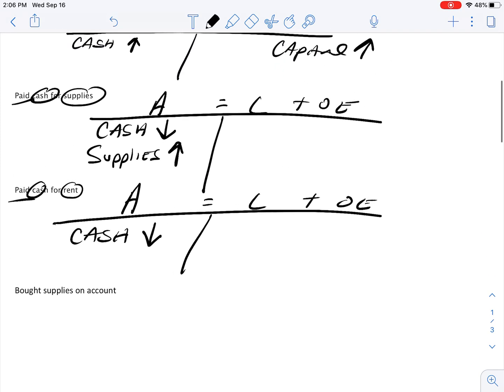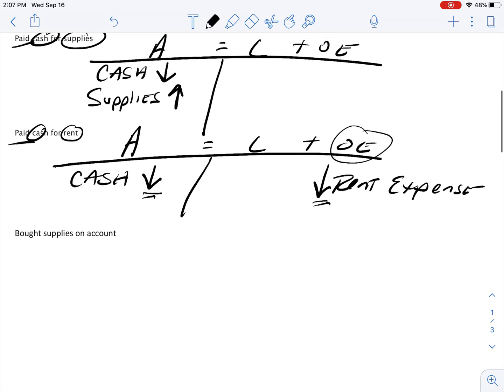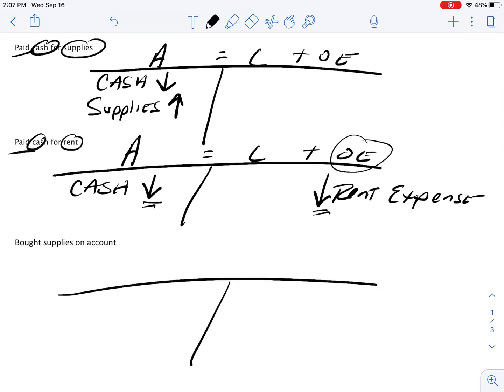I need rent in order to operate my business, so I'm going to label this as rent expense. And what did it do to the worth of the business? It makes us worth less because we have money going out of the business. Again, left side decrease, right side decrease. Keep everything in balance.